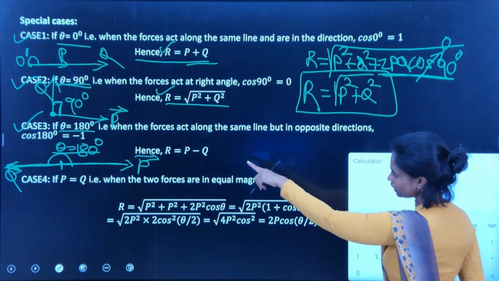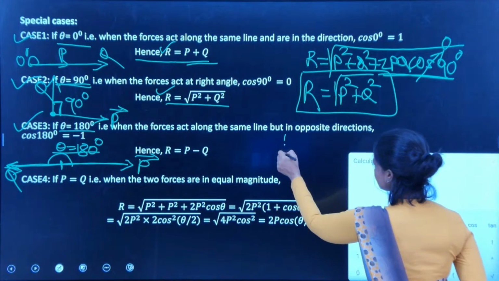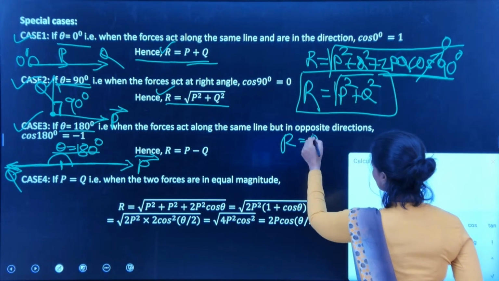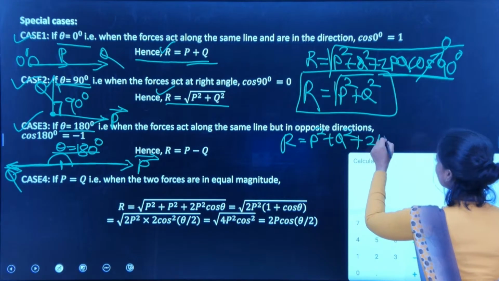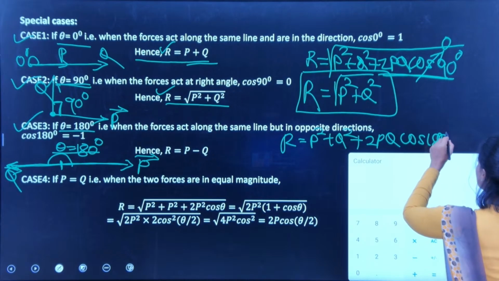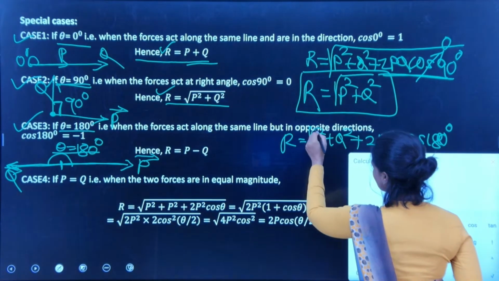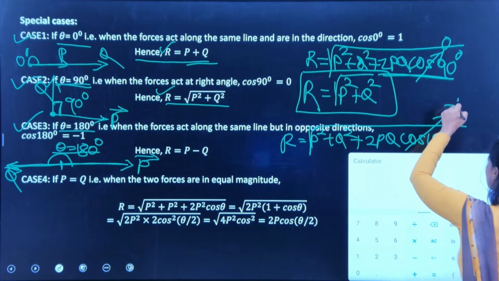By plugging in the value of theta in the equation of resultant, we'll get R is equal to root over of P square plus Q square plus 2PQ cos 180 degree. And I believe all of you know that cos 180 degree is minus 1.